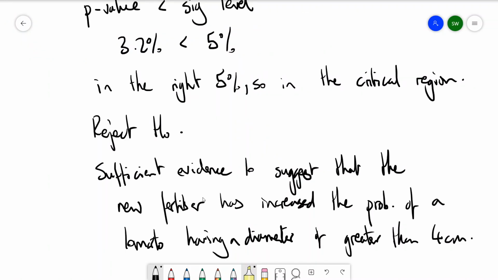So the key parts in this conclusion are saying what is the p-value and saying that because the p-value is less than 5%, we're rejecting H0, and then saying that we've rejected H0, and then the key words in the conclusion are there's sufficient evidence, and then we've done it in context. So here we've said that it's about tomatoes and the probability of a tomato having a big diameter.